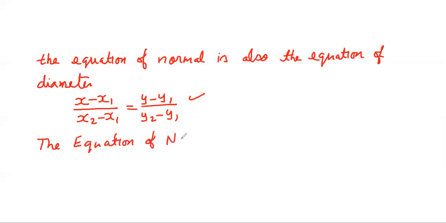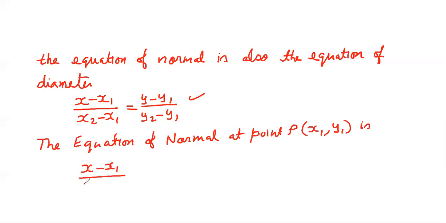Equation of normal at point P(x1, y1) is (x minus x1) divided by (x1 plus g) equal to (y minus y1) divided by (y1 plus f).